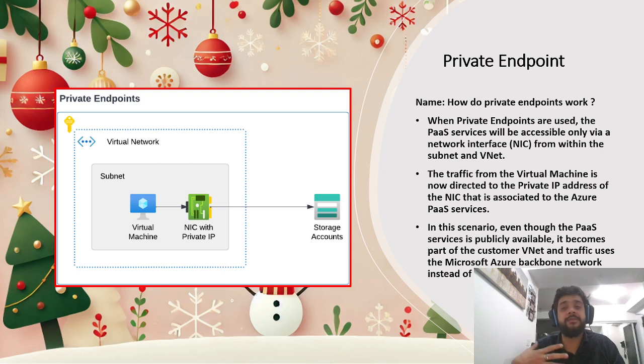So private endpoints are essentially where the VM, just like in the service endpoint, still is using its private IP, so it's going through the Azure backbone, but it also is directly talking to another private IP, so a network interface card which has a private IP associated to it, and that NIC is now attached to the globally available PaaS service. Which now makes it not globally available, right? So the storage account, the SQL server, the database, all of them, well, not the database, the server, right?